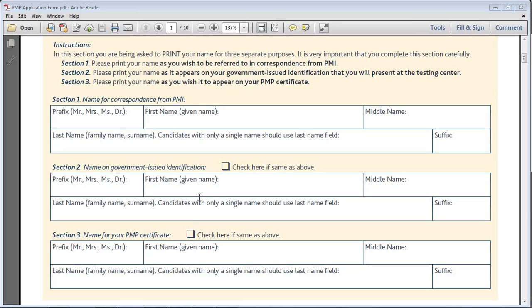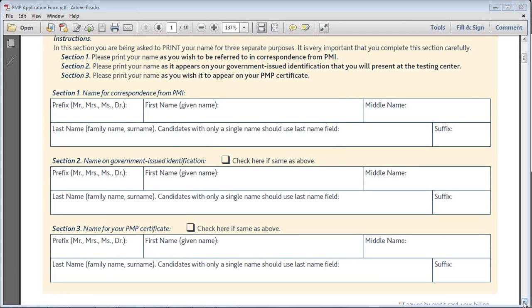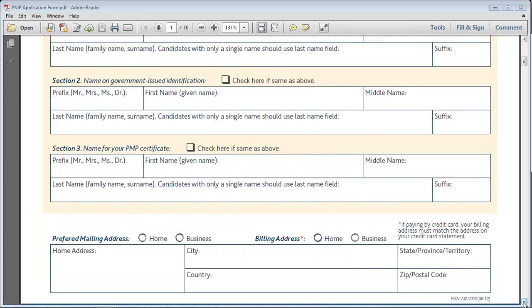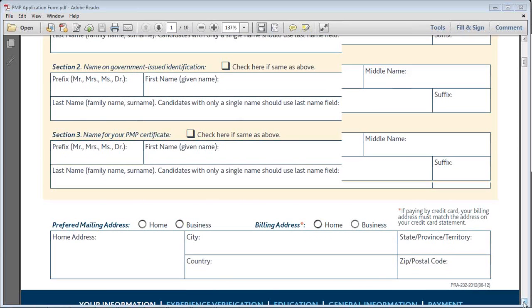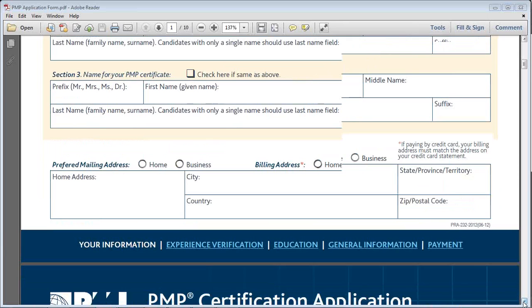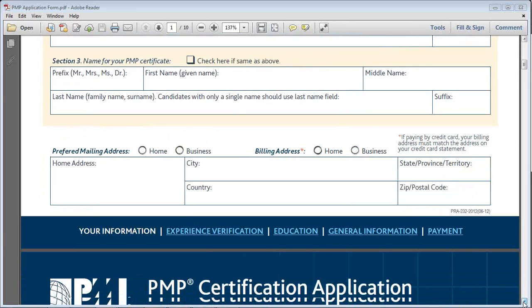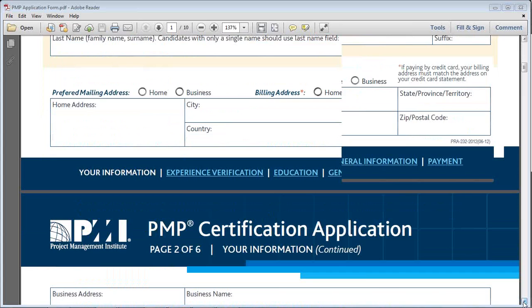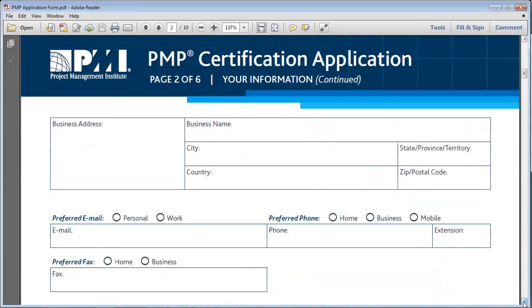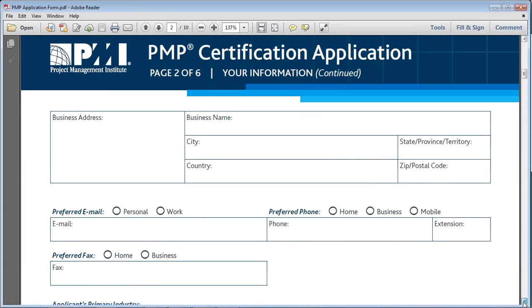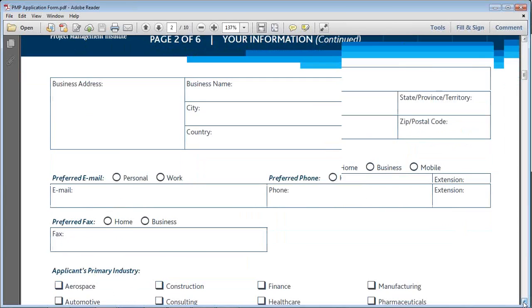However the name is, you will put here if it is different from the previous one. And third is, what is the name that you want to put on the PMP certificate. Then you have the preferred mailing address, which can be your office address or home address. You have to give both home address and office address. And preferred email, personal email, all these email details, contact details are there.